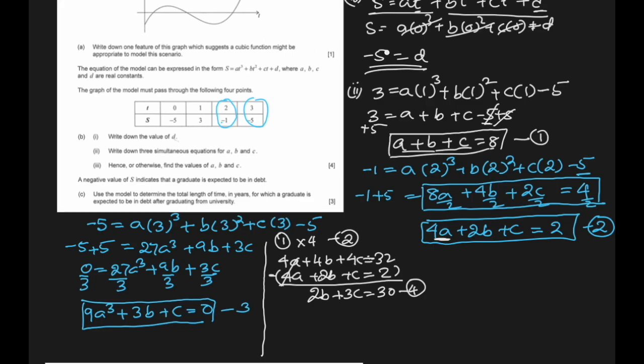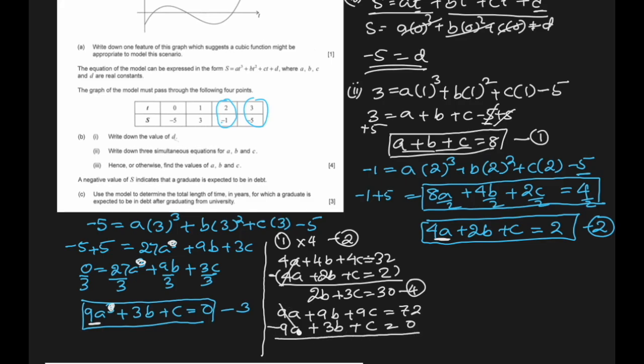Similarly, let's multiply equation number 1 by 9 so that again I get an equation in terms of b and c. Did I write cube here? I shouldn't have. So no cube. So we get 9a plus 9b plus 9c equal to 72 when we multiply equation number 1 by 9, and here we have 9a plus 3b plus c equal to 0.